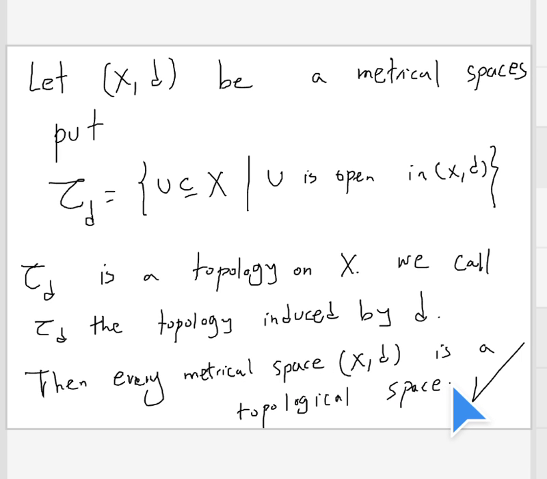This is a proof of the fact that every metric space is a topological space. Okay, everyone understand?